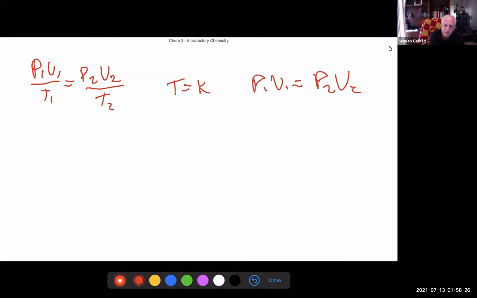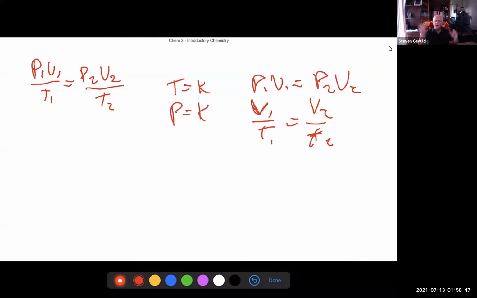Does that look familiar? Yes. If pressure is constant, pressure doesn't change, V1 over T1 equals V2 over T2. Does that look familiar? That's the same law we just used too. So if any of these variables are constant, you derive the other equations. And that's how we use it, just like that.